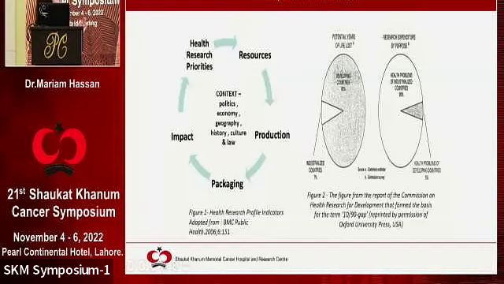So there needs to be mechanisms that prioritize research, resources to do that research, centers to produce that research, journals and networks to package that research. And finally, and most importantly, there needs to be evidence of the impact of that research on health-related policy and practice. But all of this operates within a certain context.